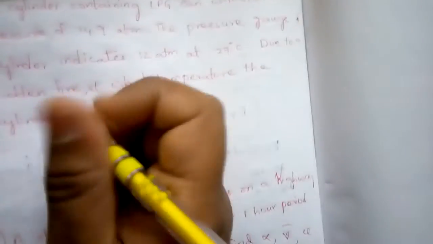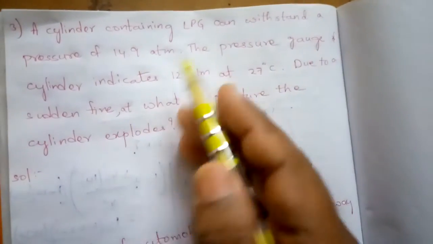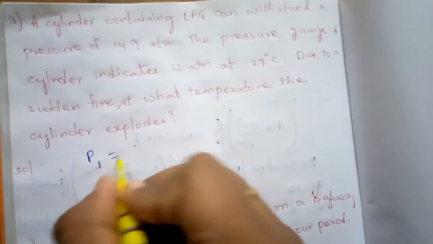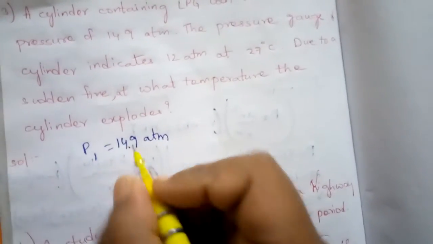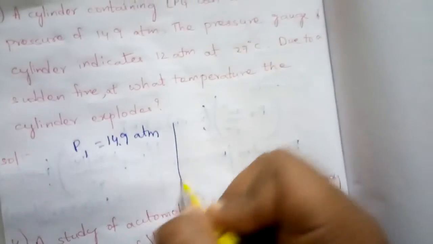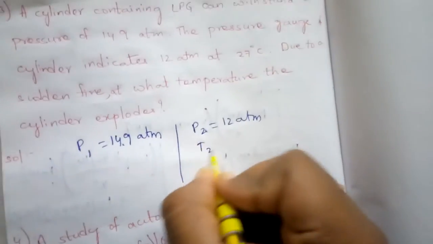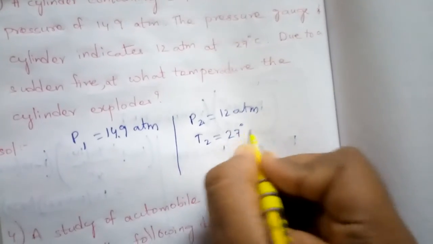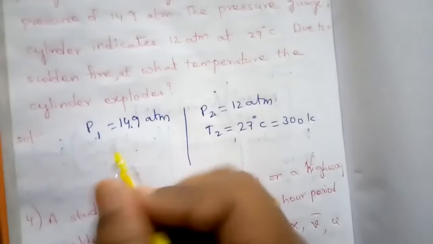Okay, coming to a cylinder containing LPG that can withstand a pressure of 14.9 atmosphere. So P1 equals 14.9 atmosphere. And what is given? P2 equals 12 atmosphere. T2 equals 27 degrees centigrade, that equals 300 Kelvin. Due to a sudden fire, at what temperature does the cylinder explode?